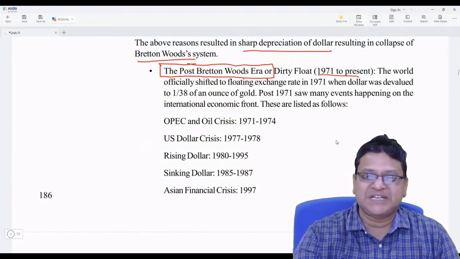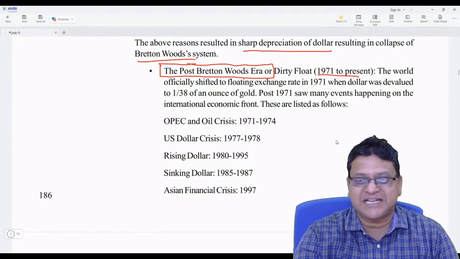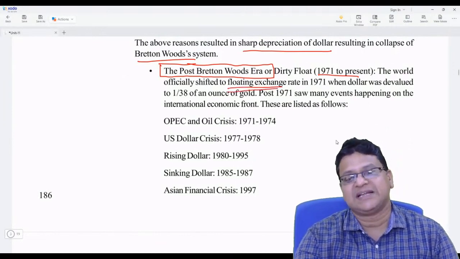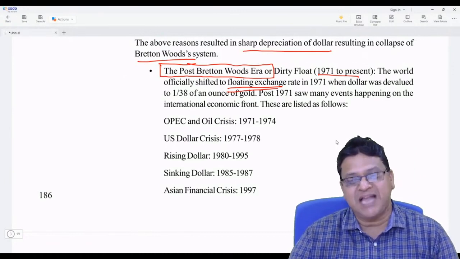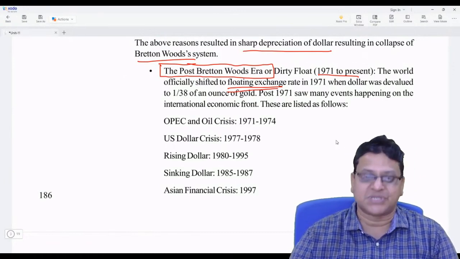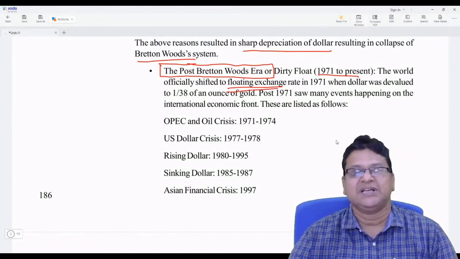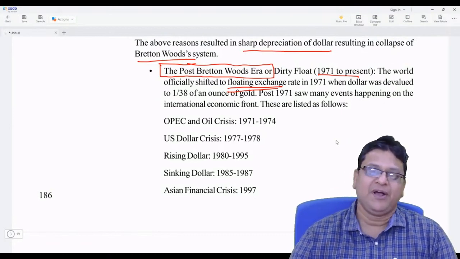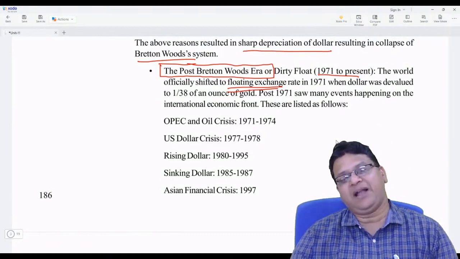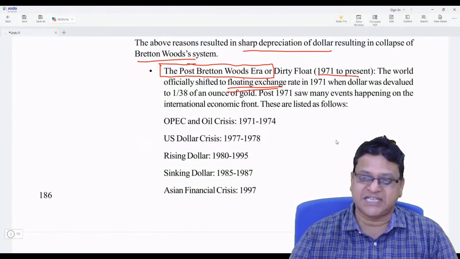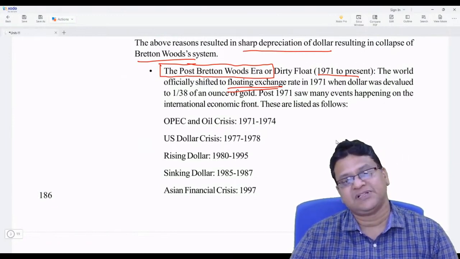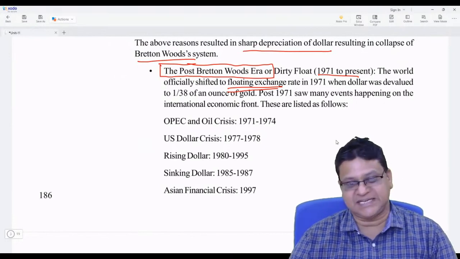Most of the countries shifted from a fixed exchange rate to a floating exchange rate. Under a floating exchange rate, the exchange rate is decided by market forces. What are market forces? The demand and supply of currency. The demand and supply of any currency determines its exchange rate. That is known as a floating exchange rate.